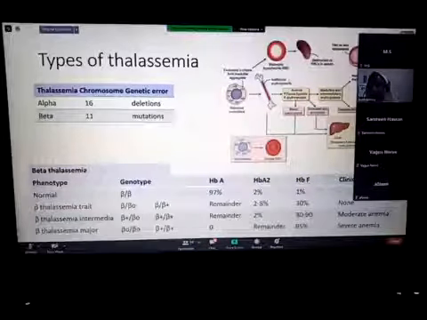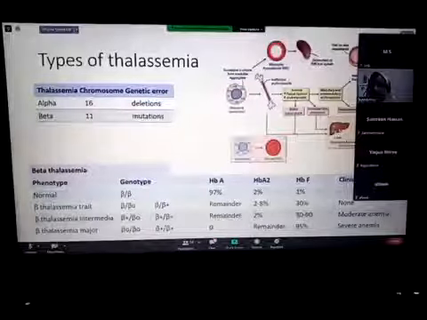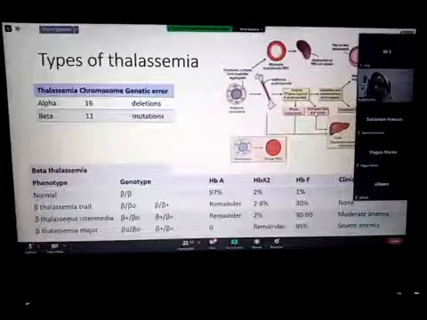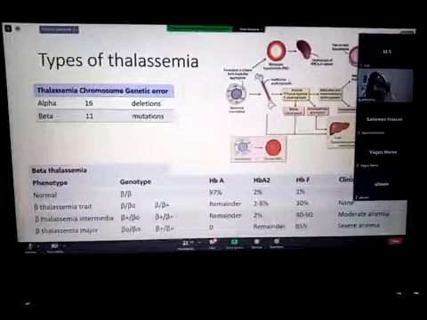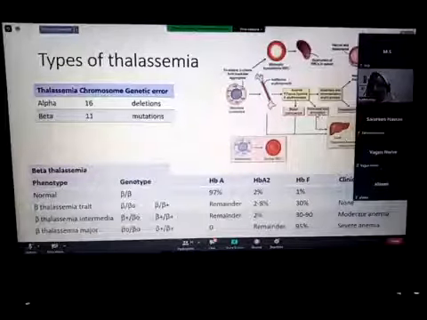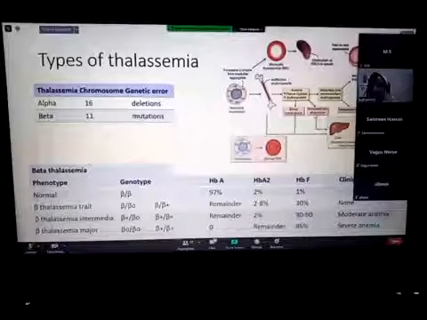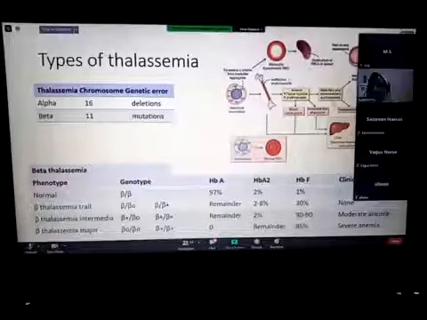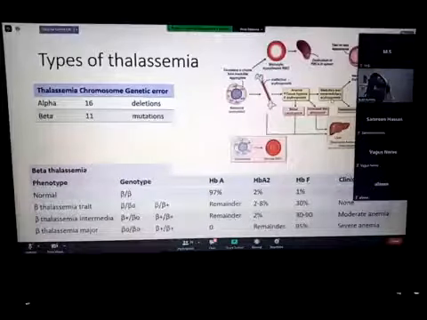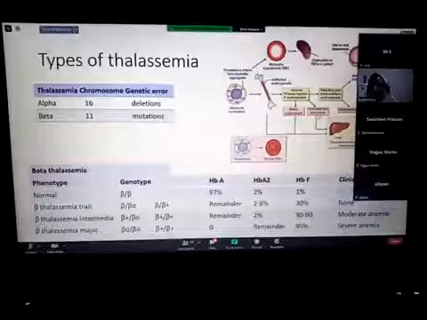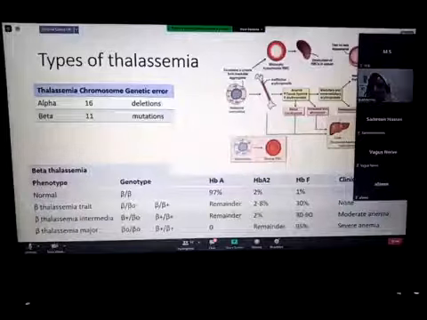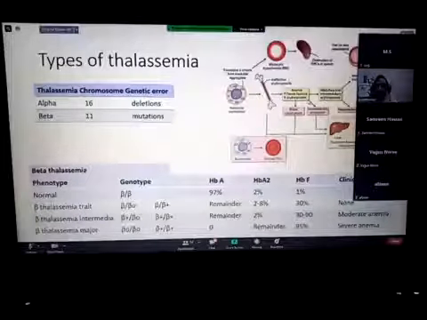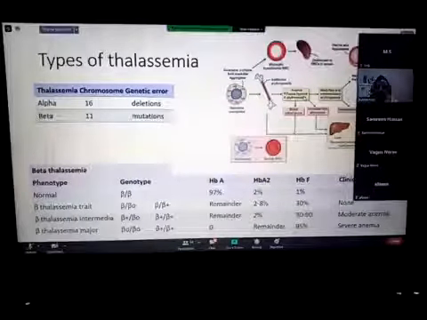Cardiac cirrhosis happens, hepatic cirrhosis happens, and there is also increased iron absorption because of the anemia, and therefore there is again iron overload.